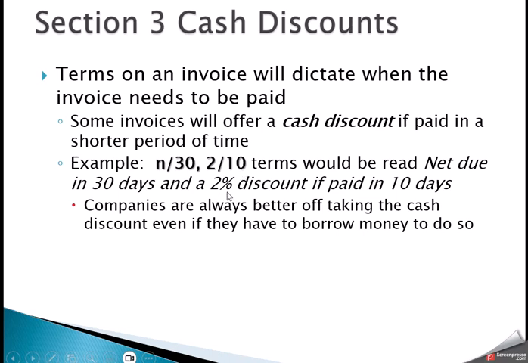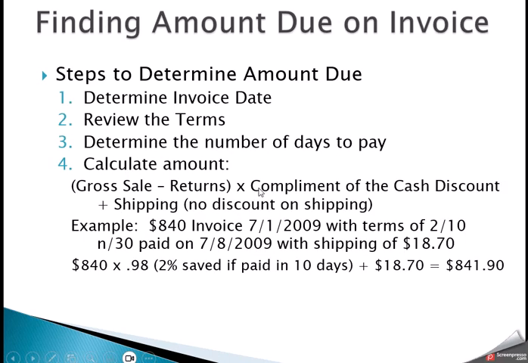So then that 2% discount, again, could be a lot if it's a large invoice. So when we figure it out, we need to look at our invoice date, review those terms, determine how many days it took us to pay, and then we'll calculate the amount. Now, if we have returns, remember you got to subtract those out.